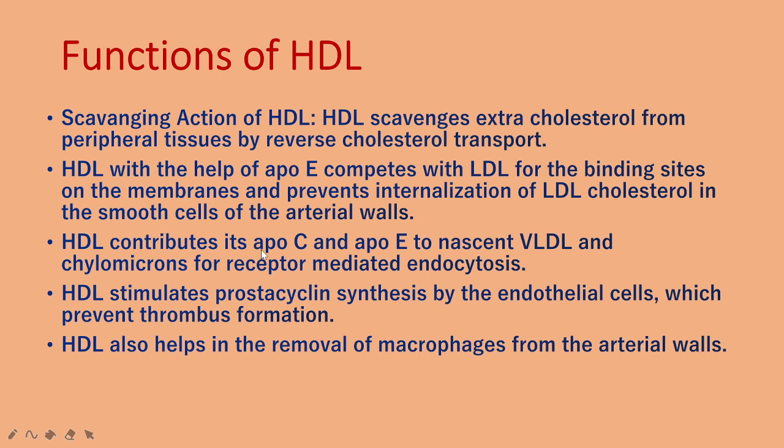It contributes its ApoC and ApoE to nascent VLDL and chylomicrons for receptor-mediated endocytosis. HDL stimulates prostacyclin synthesis by the endothelial cells, which prevents thrombus formation. HDL also helps in the removal of macrophages from the arterial walls.